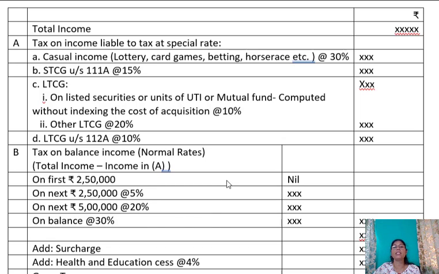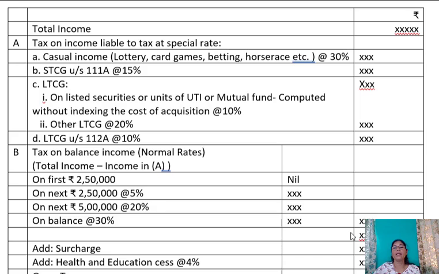In case of super senior citizen that is aged above 80, on first 5 lakh rupees the tax is nil, and then next 5 lakh it is 20%, on balance it is 30%. So this is the change that we have to note in case of individual, senior citizen and super senior citizen. So we get the tax here.